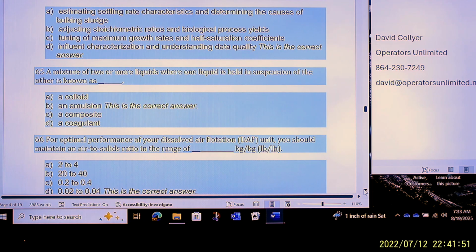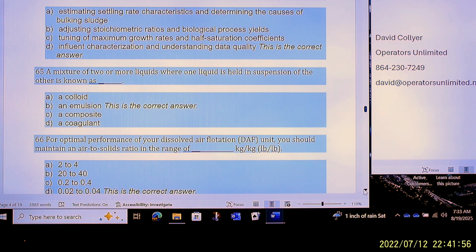64. What are generally the most important adjustments in model calibration? A. Estimating settling rate characteristics and determining the cause of bulking sludge. B. Adjusting stoichiometric ratios in biological process yield.